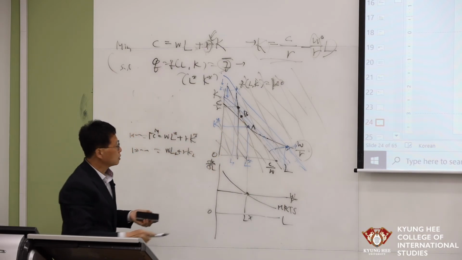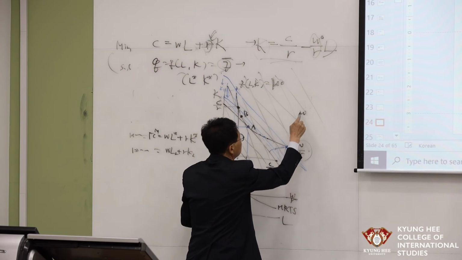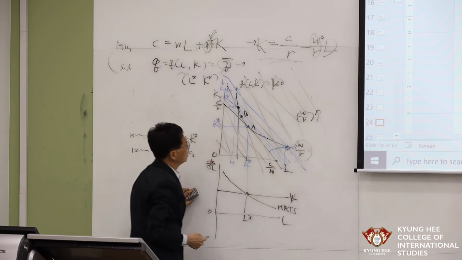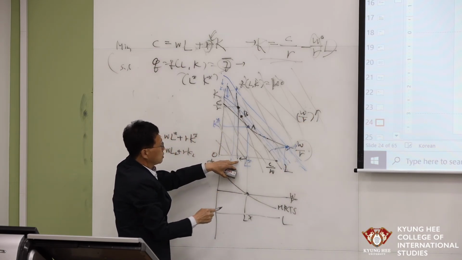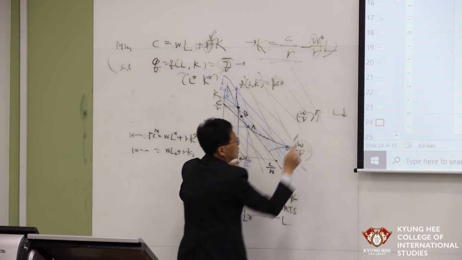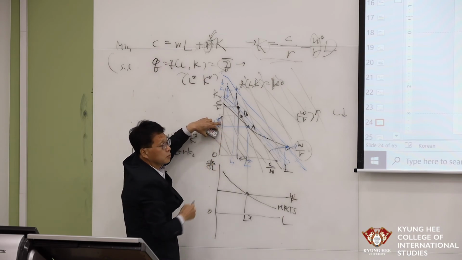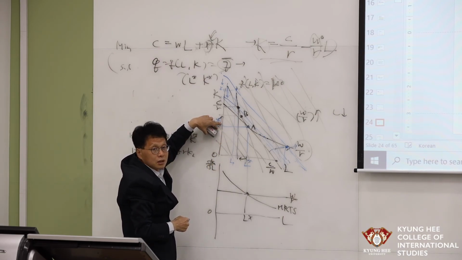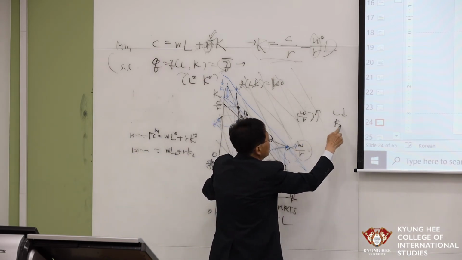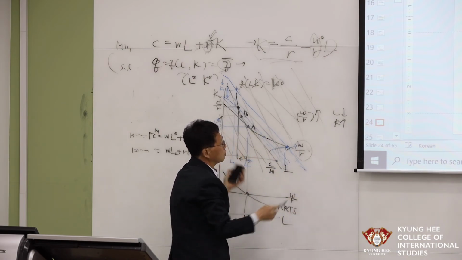Okay? So simply speaking, W over R increases, then what happened? Labor employment decreases, right? Capital employment increases compared to the earlier optimal input mix, right? Capital increases. Then what happened?